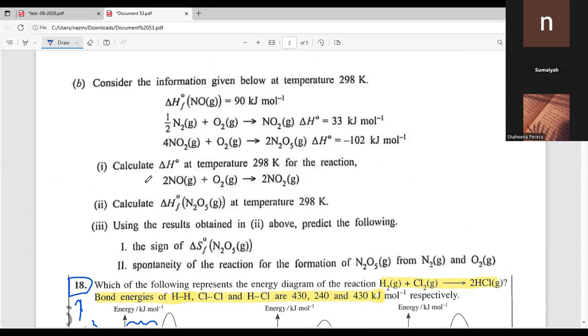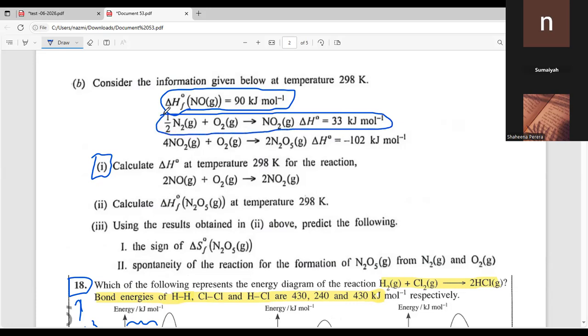Yeah, you can do this one, this Roman number 1. So they have given the formation enthalpy of NO, also the formation enthalpy of NO2 here. Work out the enthalpy change for this reaction: 2NO plus O2 giving you 2NO2.